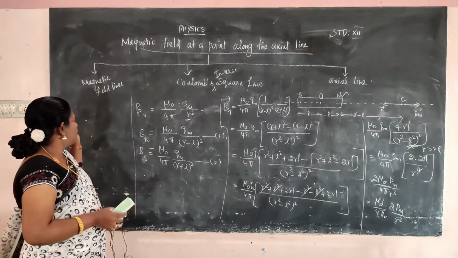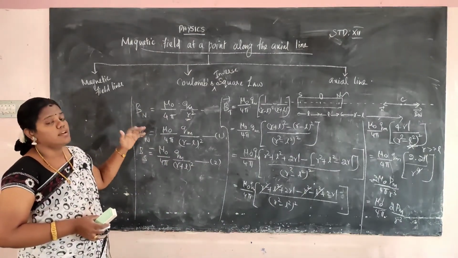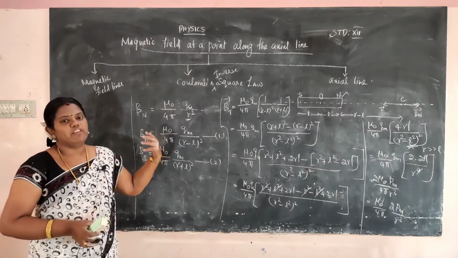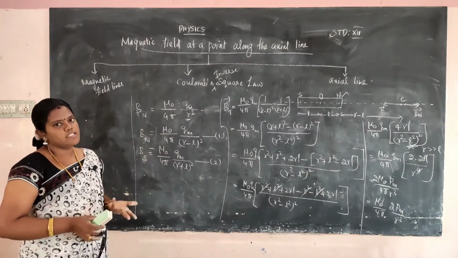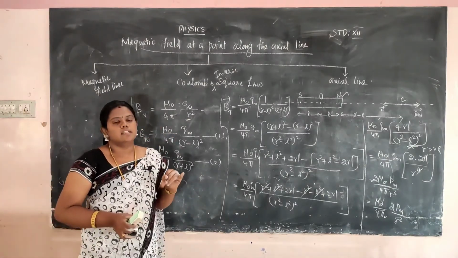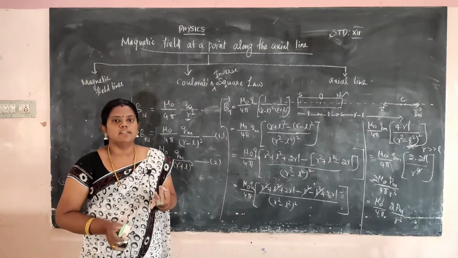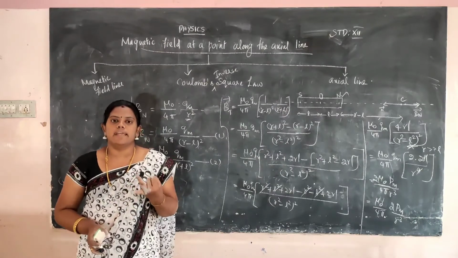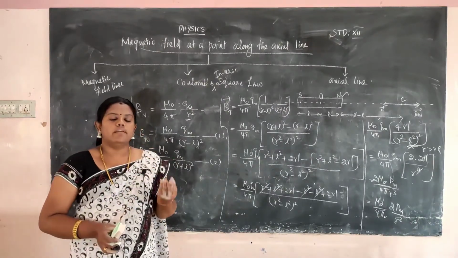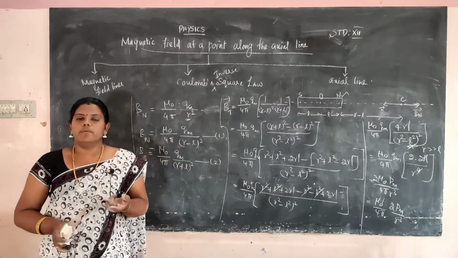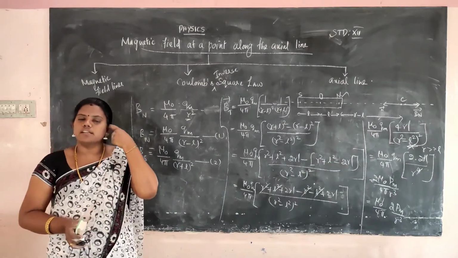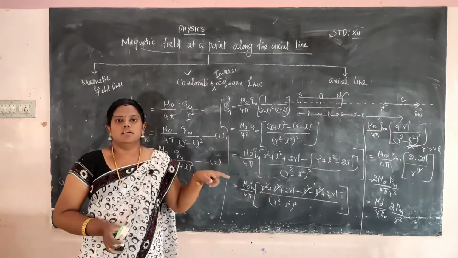And then, what are the properties of magnetic field lines? Magnetic field lines never intersect. Magnetic field lines start from the north pole and end at the south pole outside the magnet, and inside the magnet they move from south to north. The tangent at a point on a magnetic field line gives the direction of the magnetic field.